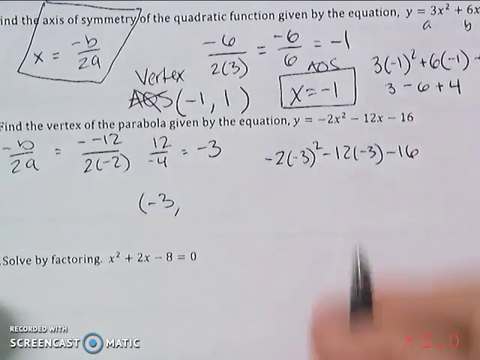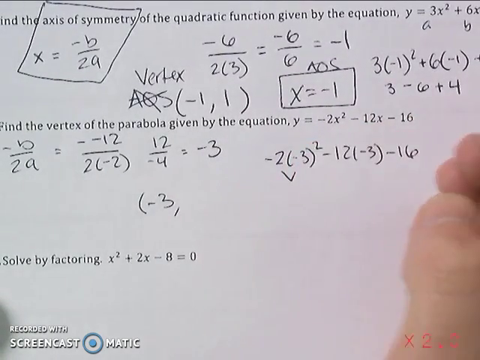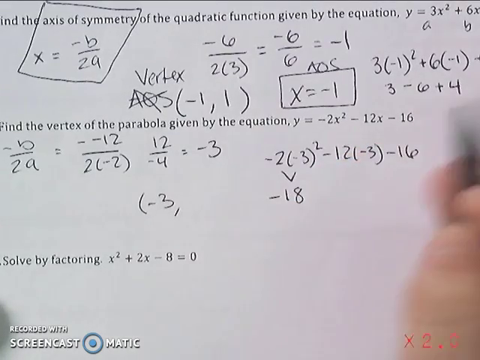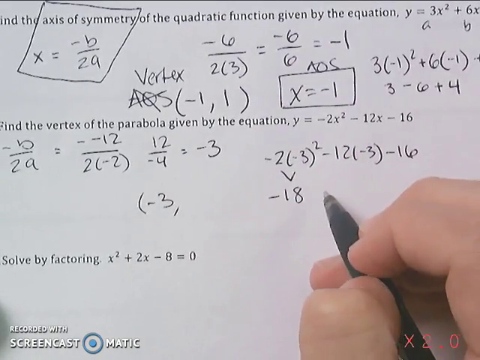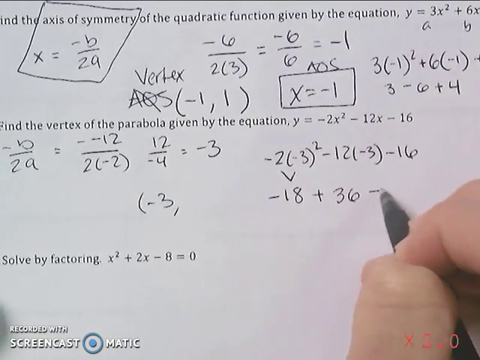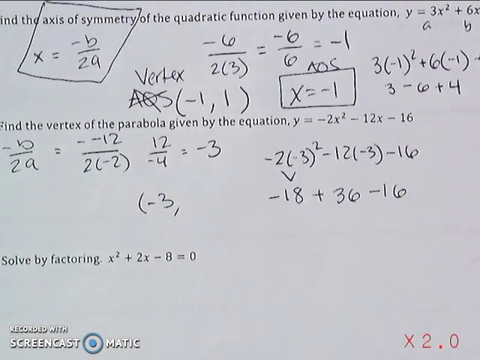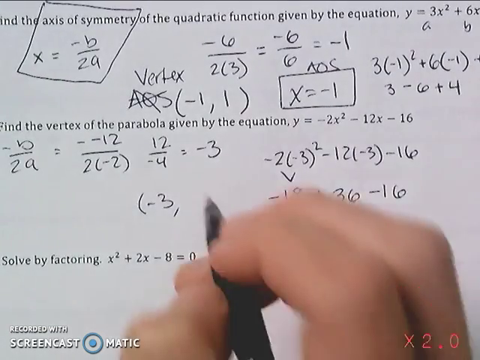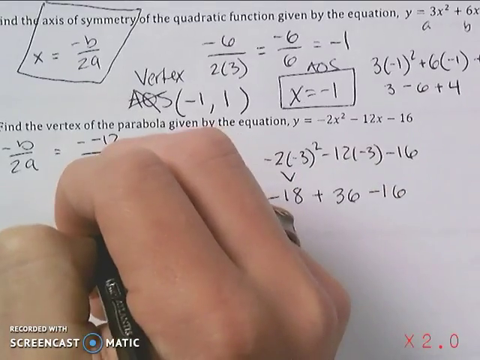Negative 3 squared is 9. 9 times negative 2 gives me a negative 18. Negative 3 times a negative 12 gives me a positive 36. And then minus 16. If we do all that, I should get, I believe, 2. So there's my vertex.